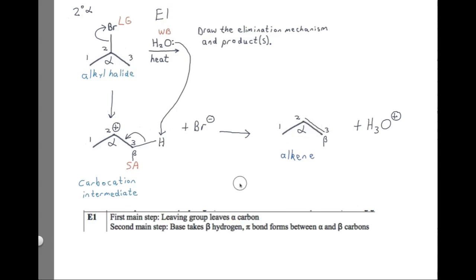Now would be a good time to pause the video and memorize what happens in the two steps for an E1 mechanism. I hope you actually paused the video and memorized what happens in these two steps. When you have this memorized, you're ready to proceed to the next video in this series and try more practice with E1 mechanisms.